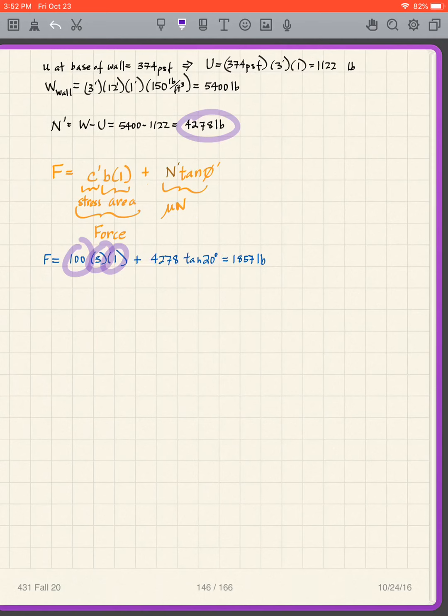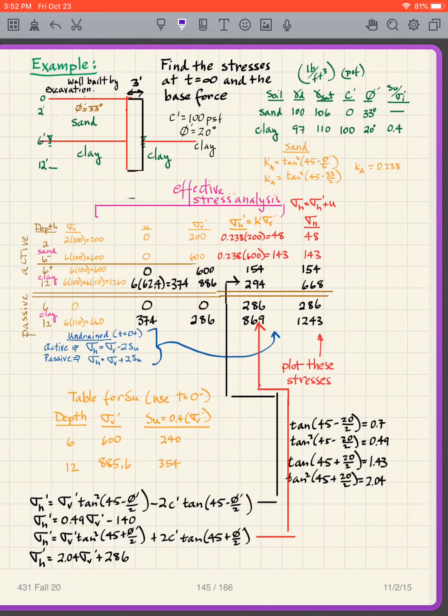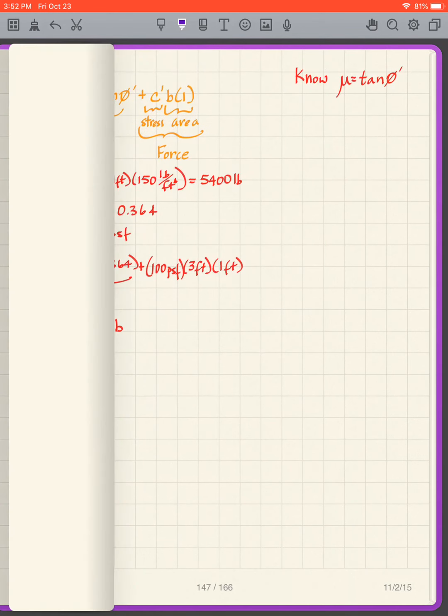So I get our sliding resisting force of 1857 pounds. So that's how we get the sliding resistance at the base for this situation.